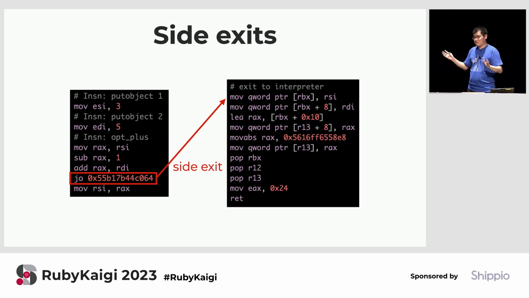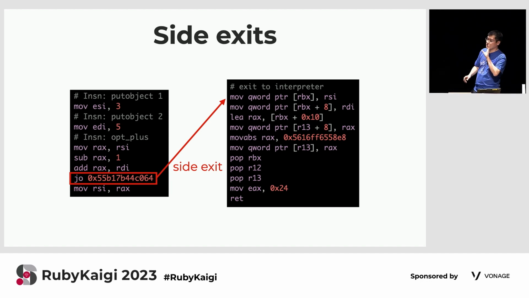Side exit is very important because, as I explained in the 1+2 example, you go to another kind of code when the overflow happens. In this example, both the left and right code are actual YJIT code, but the difference is that the right side code is located in a very different place.